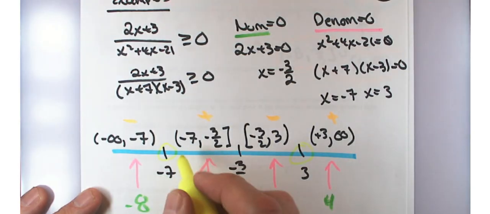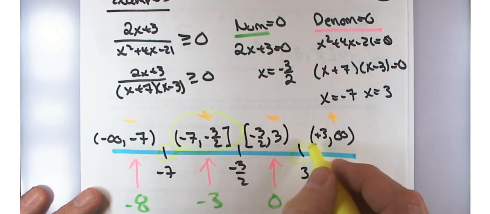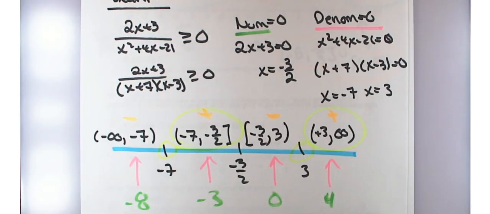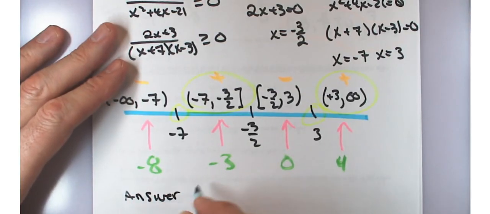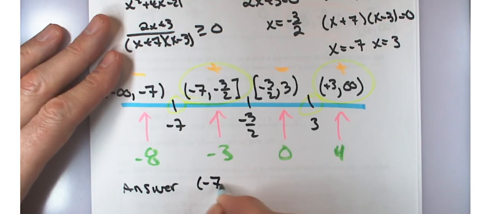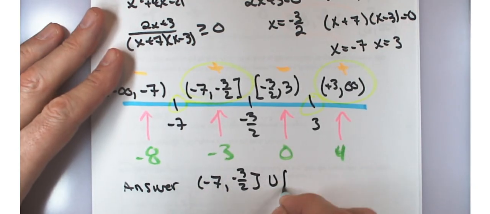So the positive intervals, that's going to include this one and this one. Those are the intervals that I want. So my final answer is going to be -7 to -3/2 union 3 to infinity. Well done.